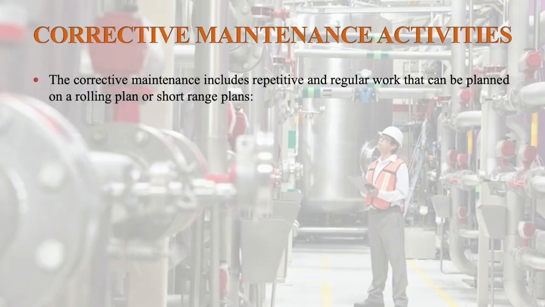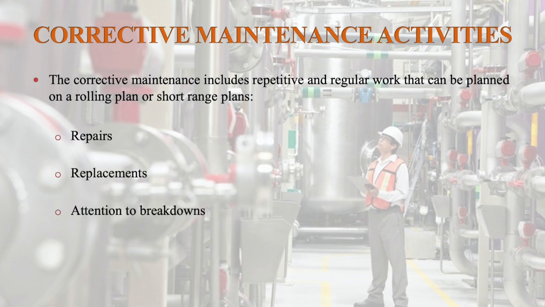Then corrective maintenance activities. Corrective maintenance includes repetitive and regular work that can be planned on a rolling plan or short range plans, which are repairs, replacements, attention to breakdowns, component reconditioning, and manufacture of spares.